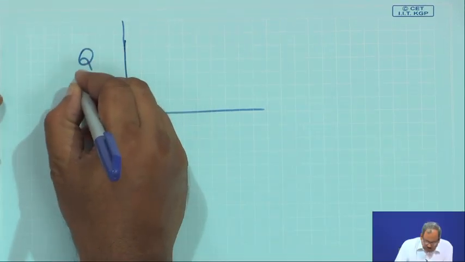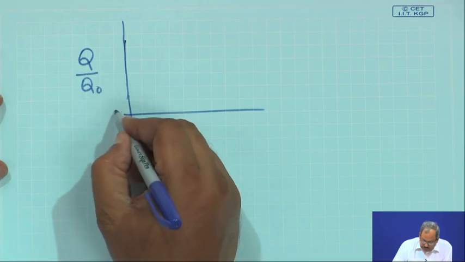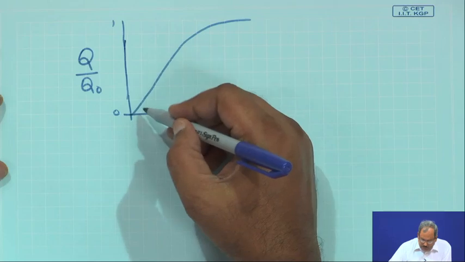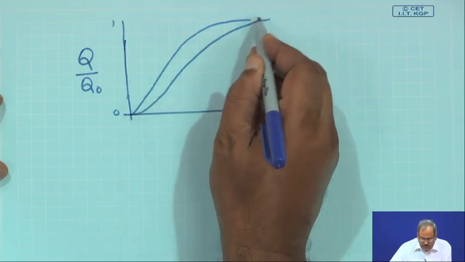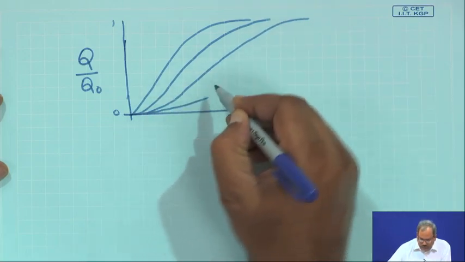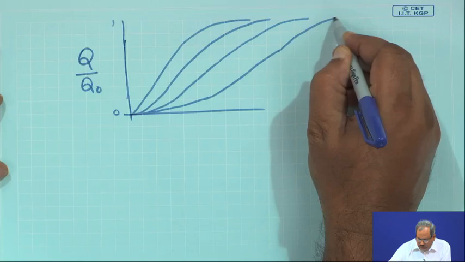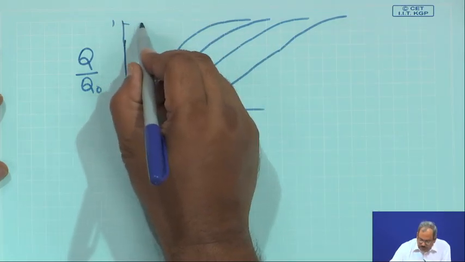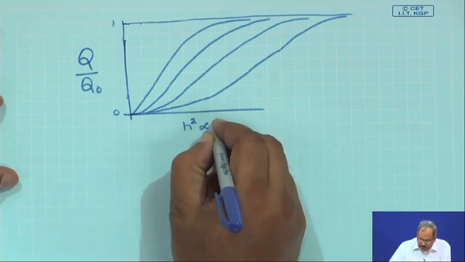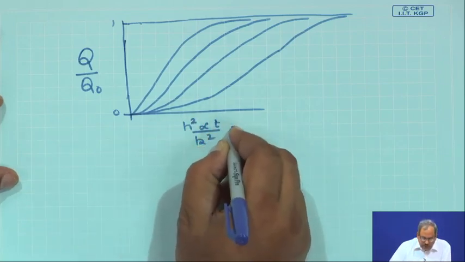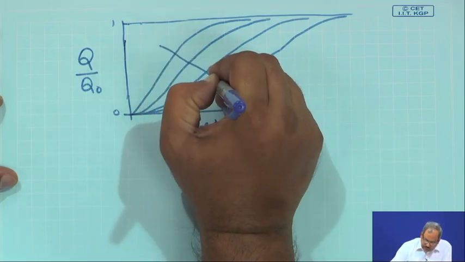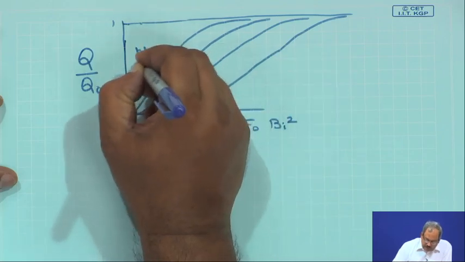This is Q by Q naught from 0 to 1. It looks something like this. So, this is h square alpha t by k square, which is nothing but Fourier number times Biot number square, and these are curves for different h L by k.